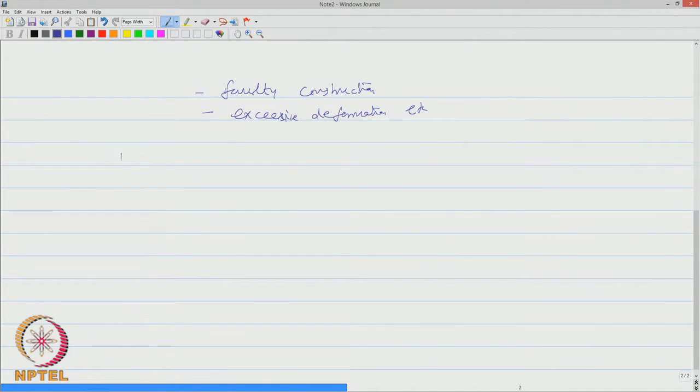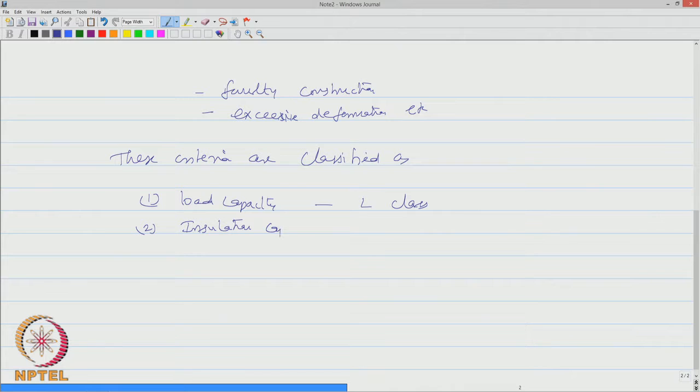Now, these criteria are classified as: first, the load capacity, which is identified as R class; second, the insulation capacity, identified as I class; and thirdly, the integrity capacity, which is identified as E class.